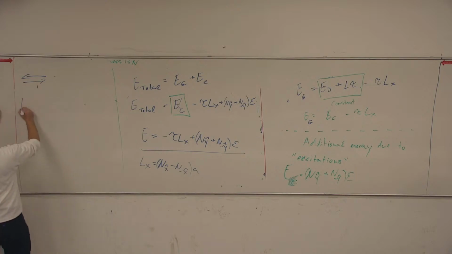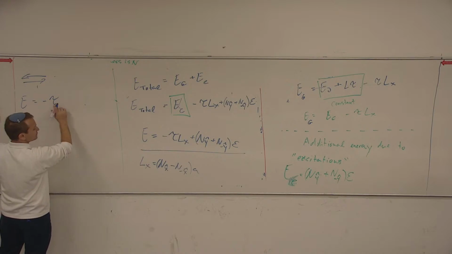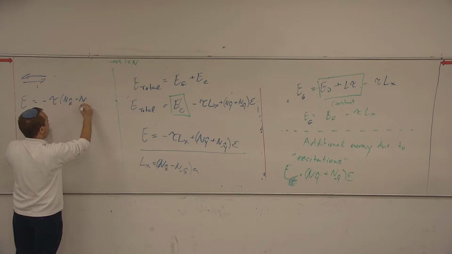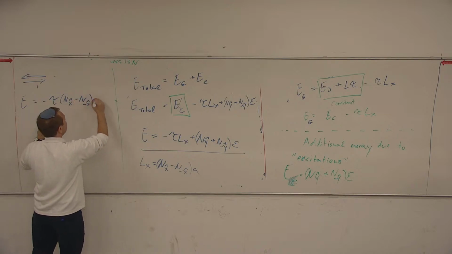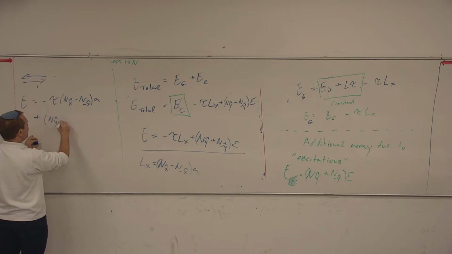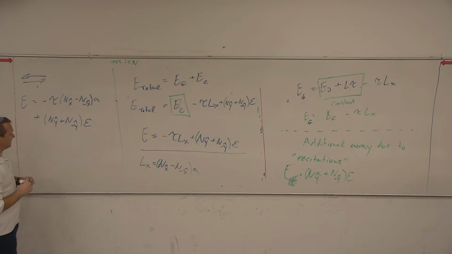Okay, so the total energy is minus tau. Instead of Lx, we write nx hat minus n minus x hat times A, plus ny plus n minus y, multiplied by epsilon.